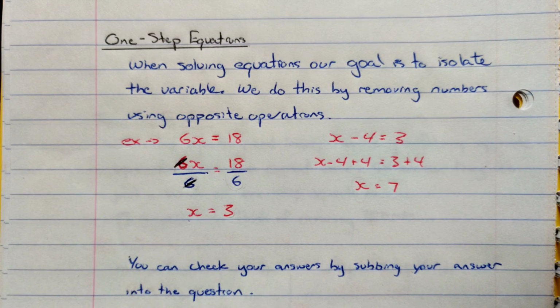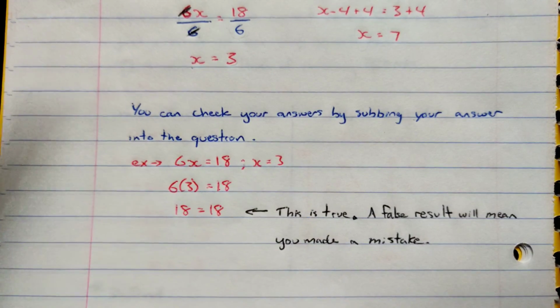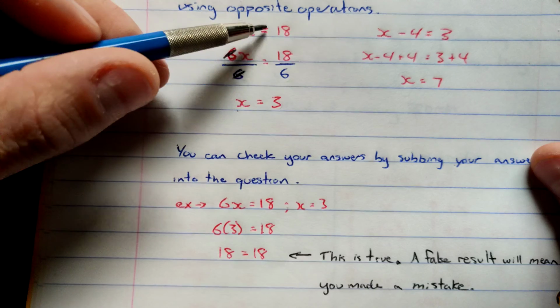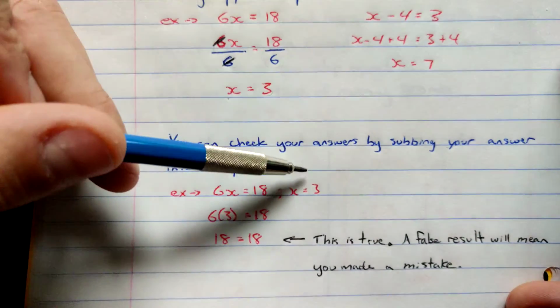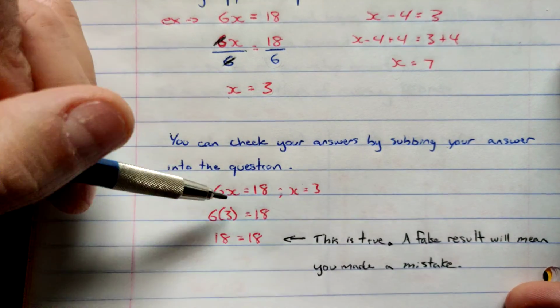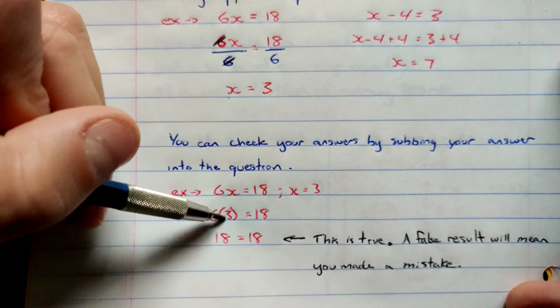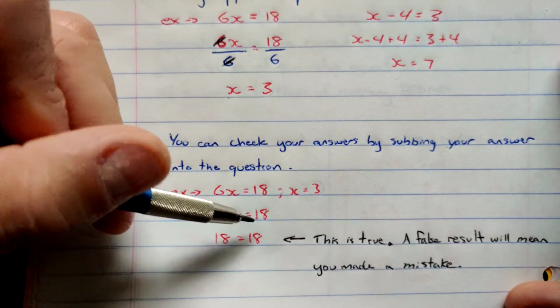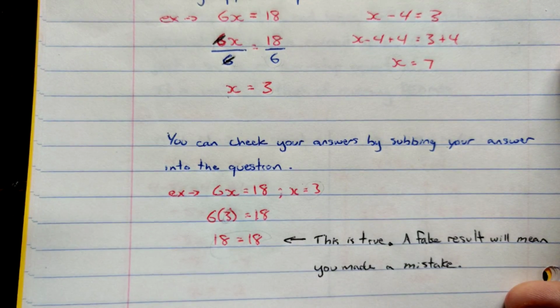When you're doing any of these equations as well, solving equations, you can go back and check your answers. So you can check and see if you're right. If you're doing a test, you're like, I don't know, I think I got it right. You can actually test it out. So with our 6x equals 18, we found that x equals 3. So if I actually take that x equals 3 and I sub in the 3 for x, this should make an equal statement.